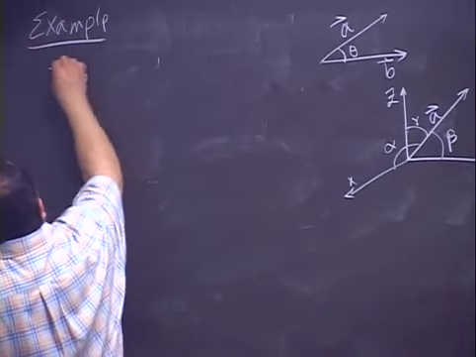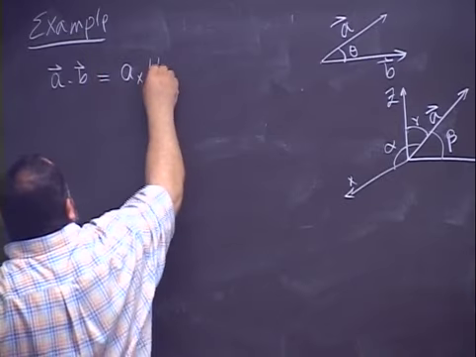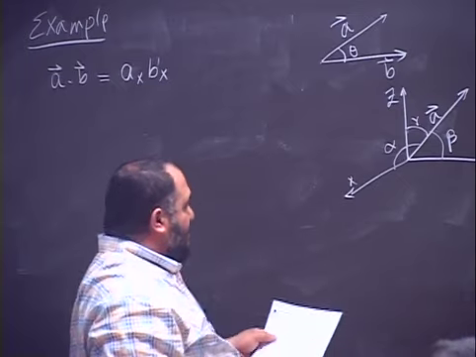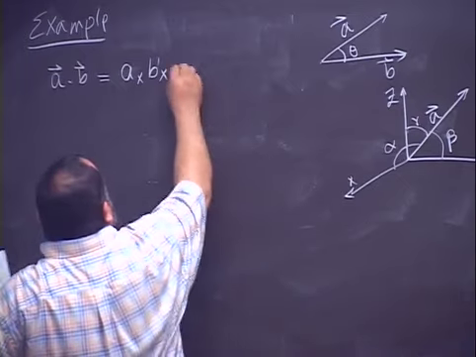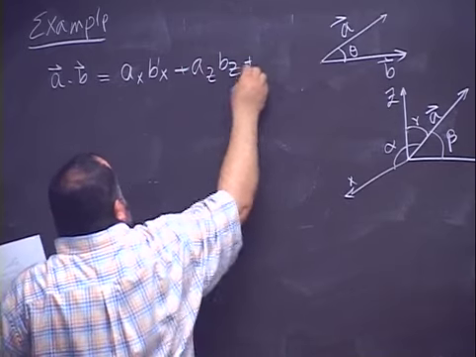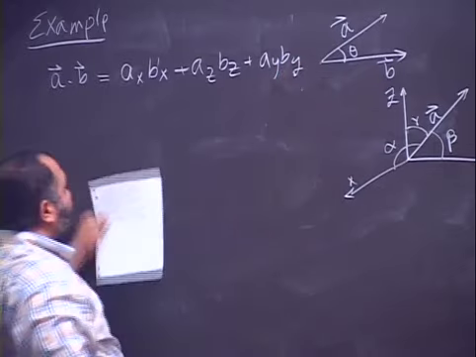So A dot B is nothing more than AX BX plus AZ BZ plus AY BY. Somebody will say, how did you obtain this?